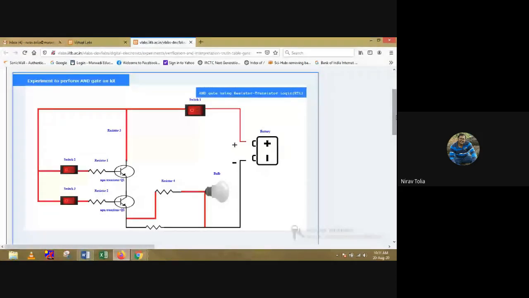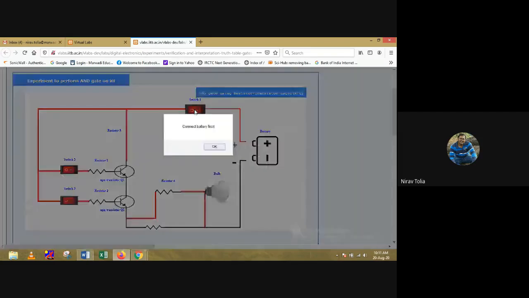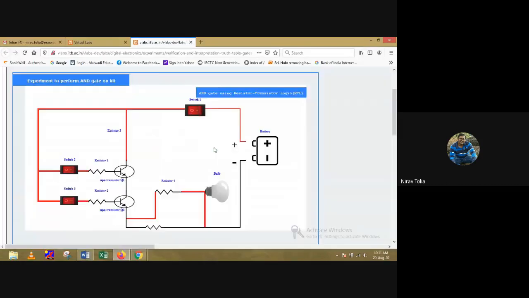The switches will be in the zero state right now. If you are performing it yourself, you have to double click to turn on a switch. It says connect the battery first. So go to the battery symbol and double click on that. It is written that it is connected.